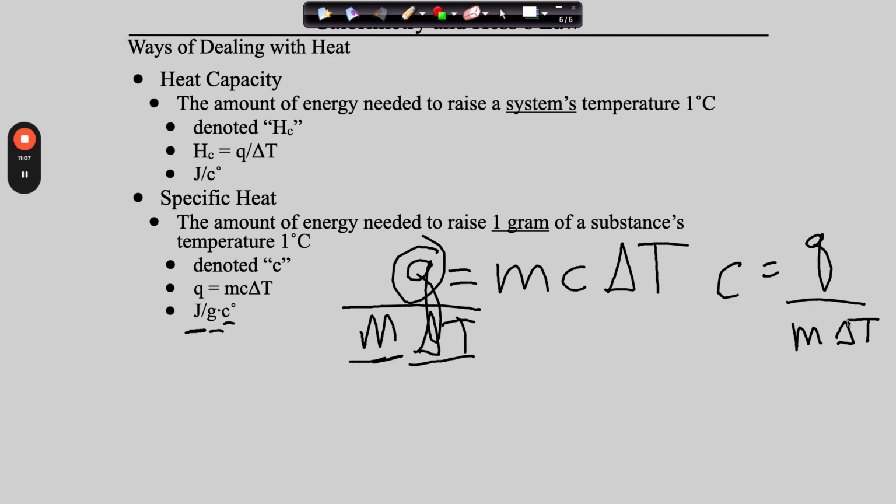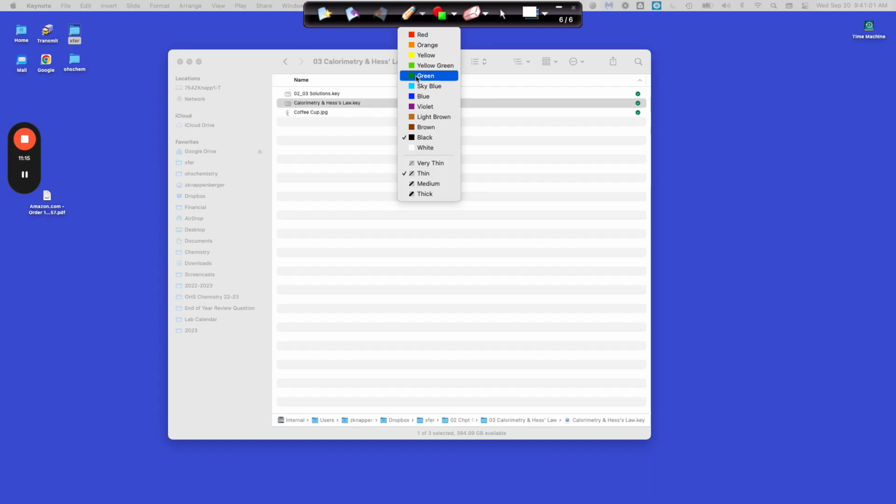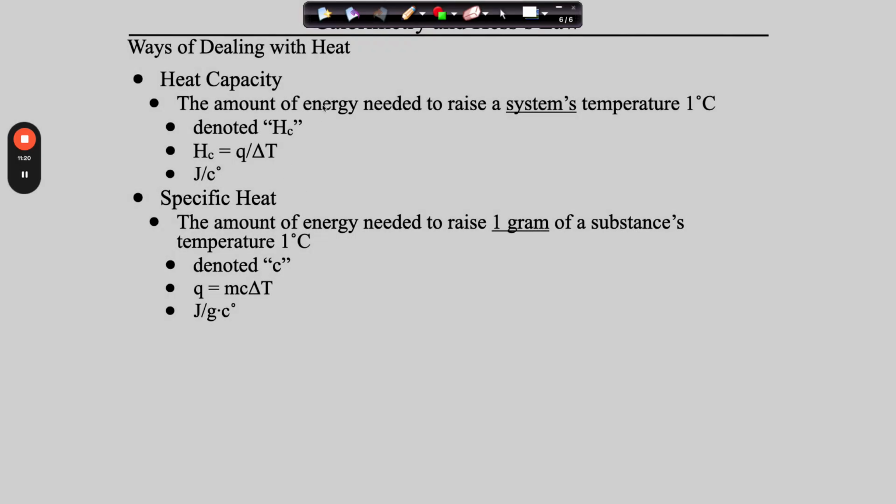Now, guys, I'm going to stretch you just a little bit. And now I do want to change colors. So, talking about specific heat. Let's go back to the definition. It is the amount of energy needed to raise 1 gram of a substance's temperature 1 degree Celsius. For some of you, that might be familiar.